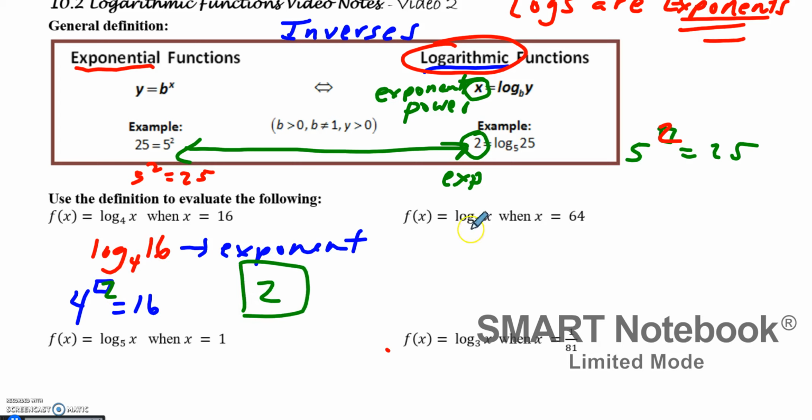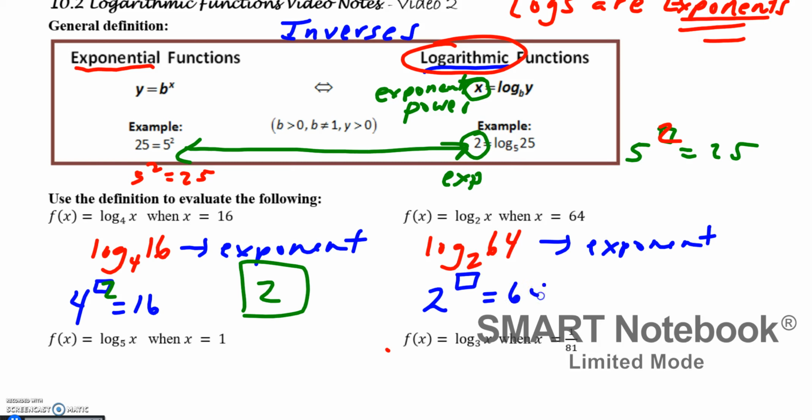The next example, log base 2 of x if x is 64. So log base 2 of 64. I know that the base is 2. I don't know what the exponent is yet, but I know that a log is an exponent. So 2 to the what is 64? Well, if I multiply 2 by itself 6 times, 2 to the 6th power, that's going to give me 64, which means that my answer, log base 2 of 64, is the exponent of 6.